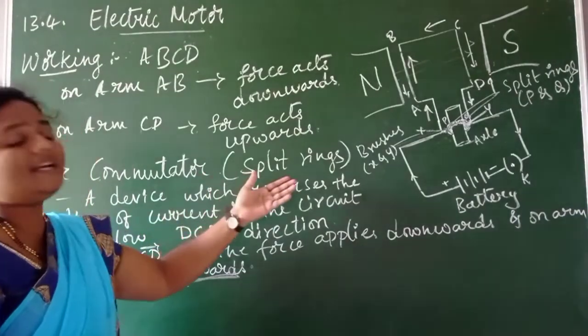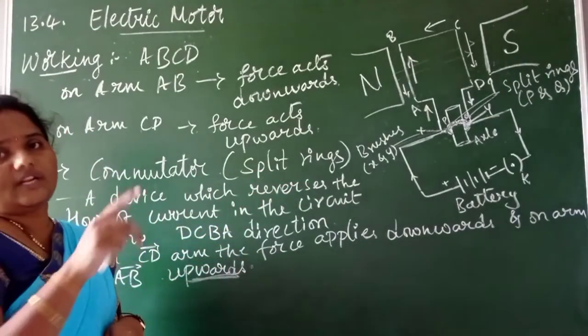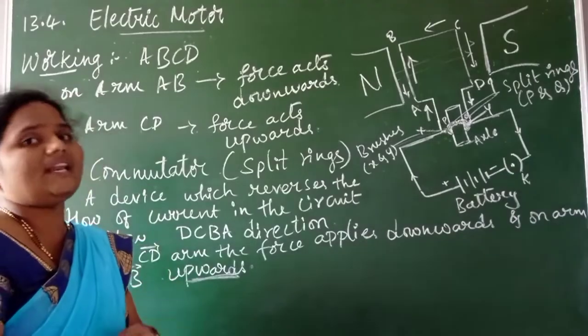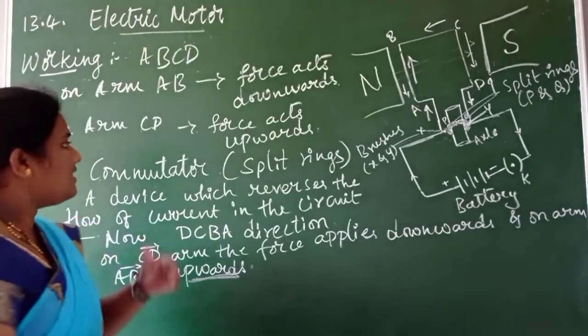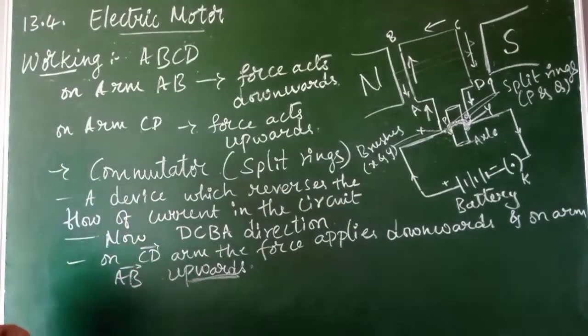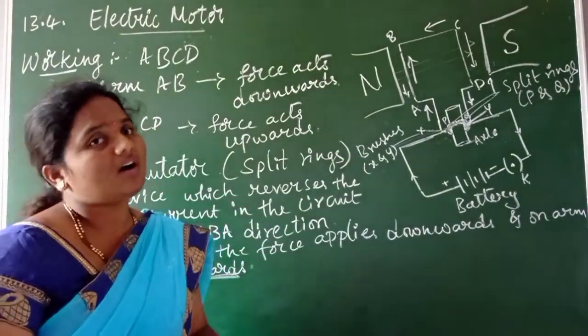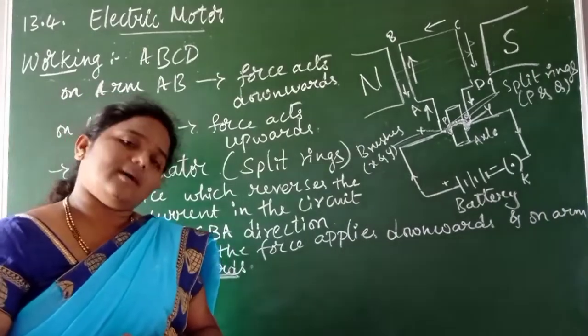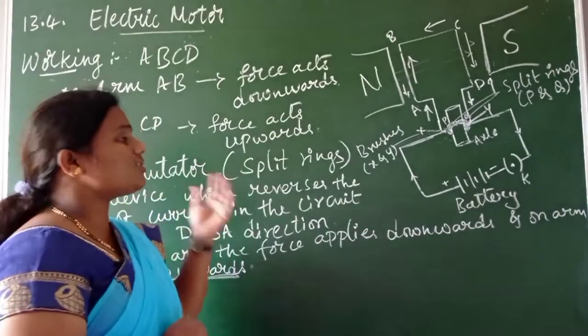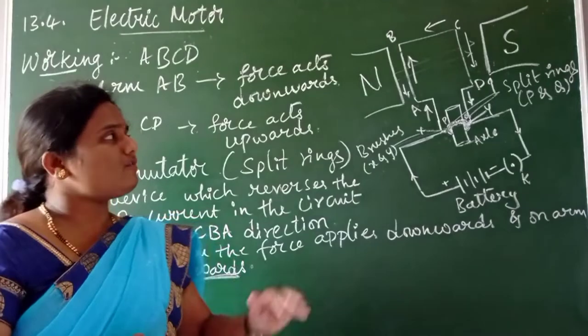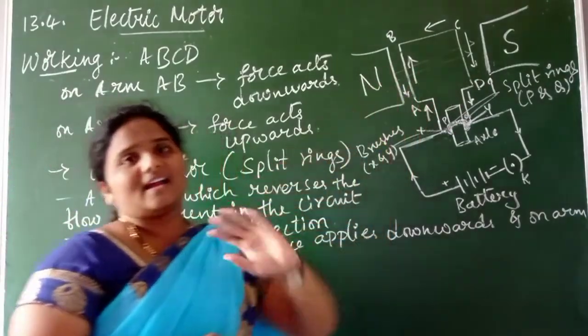It has completed a complete rotation. The coil has started rotating completely. The main role of a commutator is to give a complete rotation in the electric motor. We are going to use a commutator. The main function of a commutator is to reverse the direction of current.